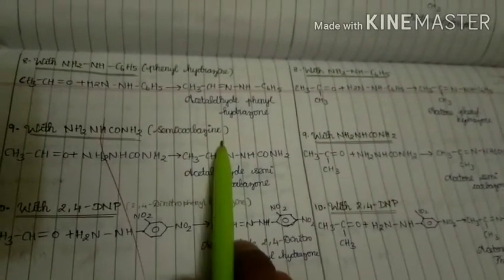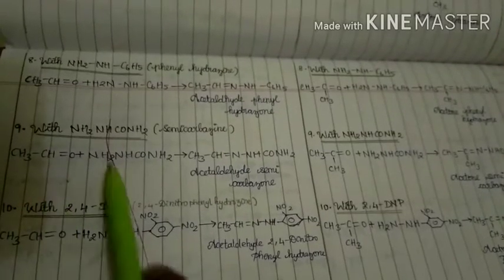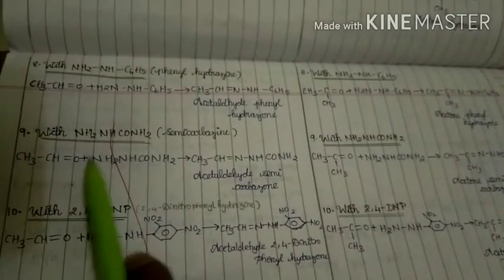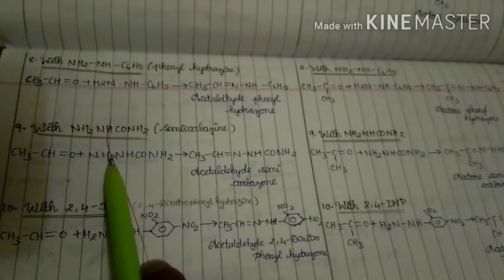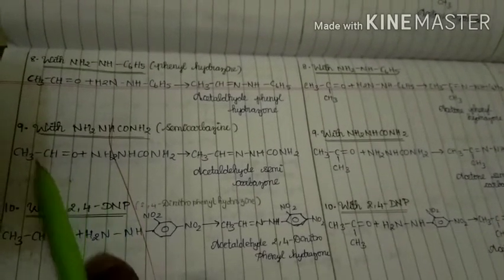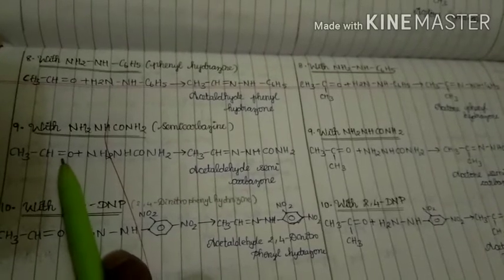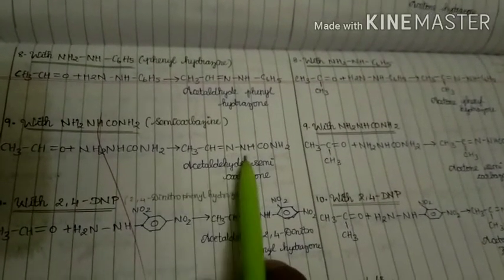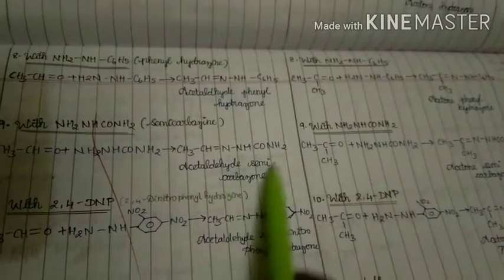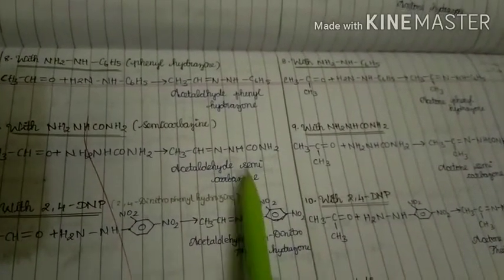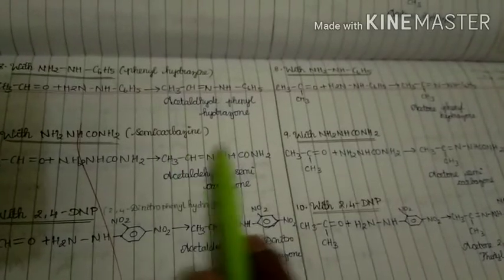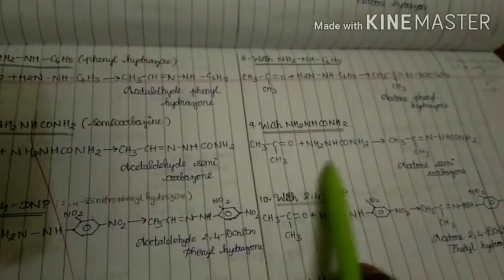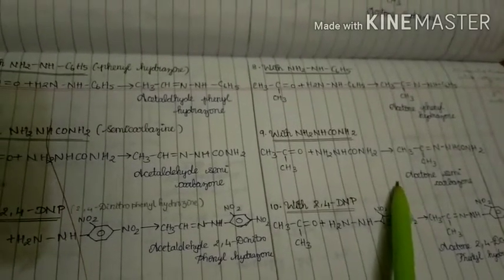When acetaldehyde reacts with NH2, NHCONH2, then this O and this H2 will be removed. Then we get CH3CH double bond NHCONH2. Product name is acetaldehyde semicarbazone. Your reactant name is semicarbazide. Product name is semicarbazone. Here also same. Acetone semicarbazone will be formed.